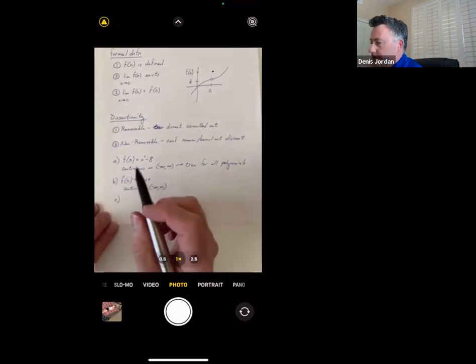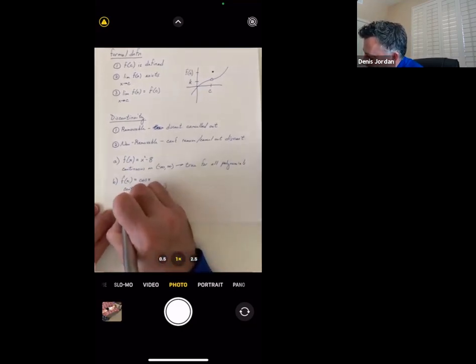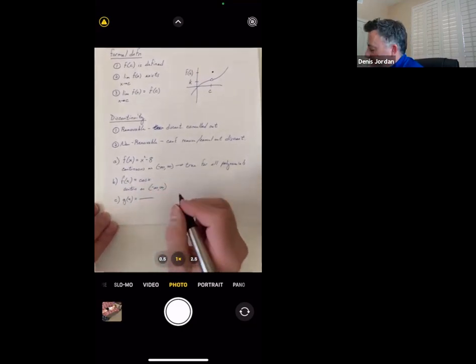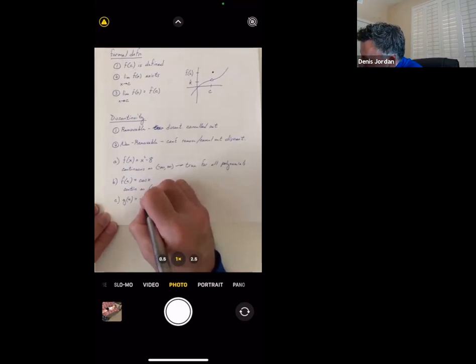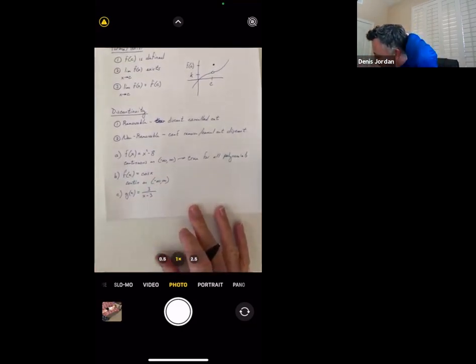So some of the trig functions are not continuous everywhere. And most of the rational functions are not continuous either. Like g of x is equal to 3 over x minus 3.